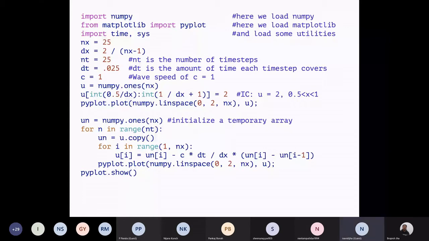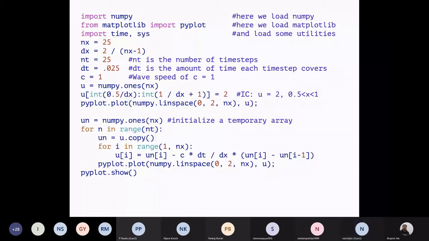Next, I am going to solve the equation for n in range 0 to nt, and for i in the range 1 to nx. u_i is u_i minus c dt by dx times u_i minus u_(i-1). This is the equation which we have calculated by the discretization earlier. Just a simple 3 lines of coding will tell us so many things.